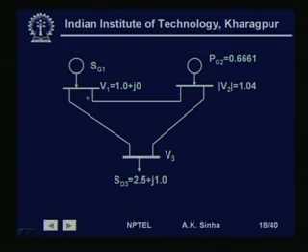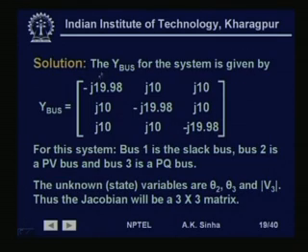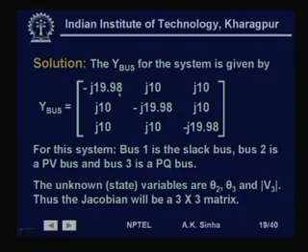So, a minus j 0.02 per unit is going to be added to this. So, we have got minus j 19.98, because the sum of the two series admittances for these two lines will be minus j 20, and then we have to subtract from this, because we have the capacitive susceptances for the line charging. So, this comes out to be minus j 19.98. Same will be occurring for bus 2 and bus 3.